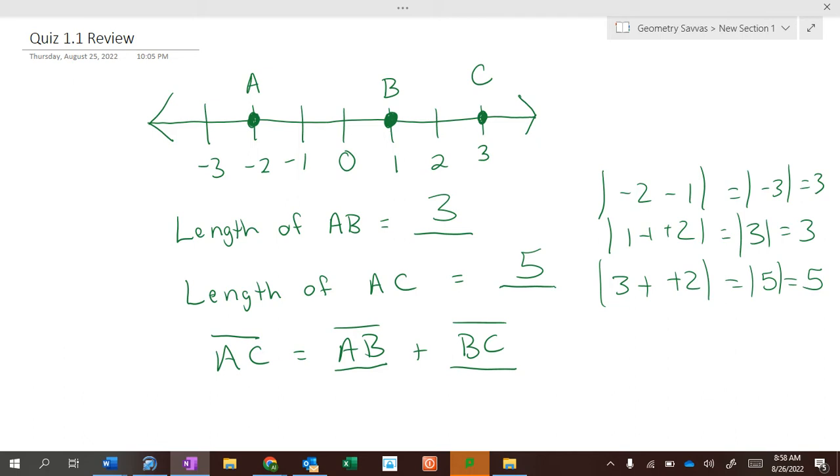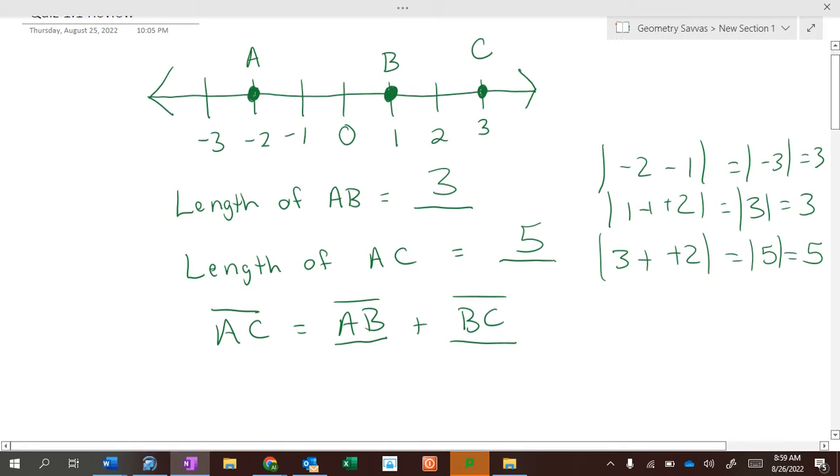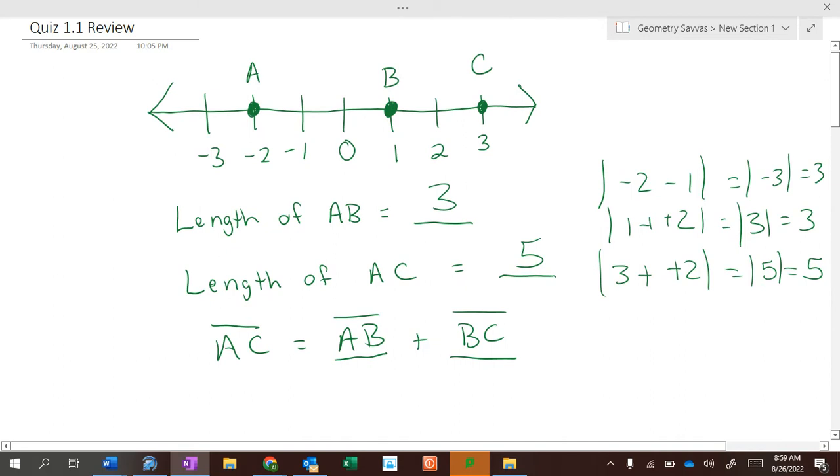So make sure that if the directions say mark all that apply, there's going to be more than one answer. I guarantee you there's going to be more than one answer. So make sure to put more than one answer. It's like a multiple choice where it's A, B, C, D. It could be A and B. It could be A and C. It could be B and D. It could be B, C, and D, or whatever.